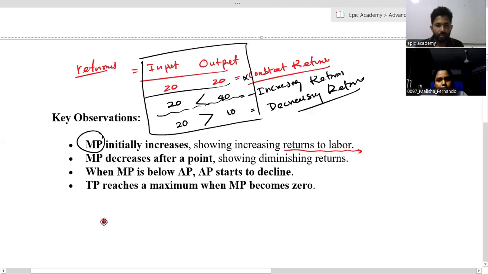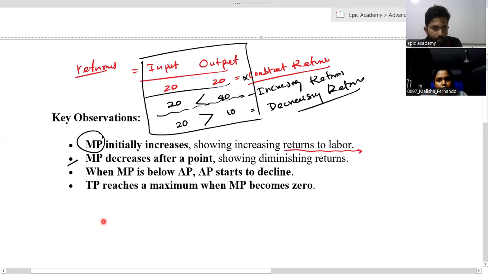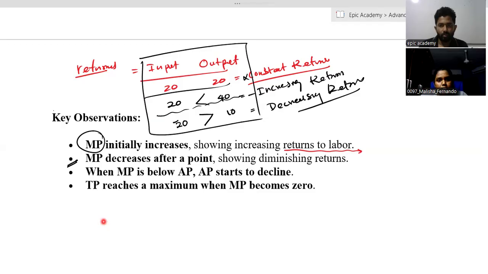Those are the curves which we are going to use related to that position. Second one. MP decreases after a point showing diminishing returns. Okay, diminishing returns. The returns is going to be reduced. That is why we call it diminishing returns.